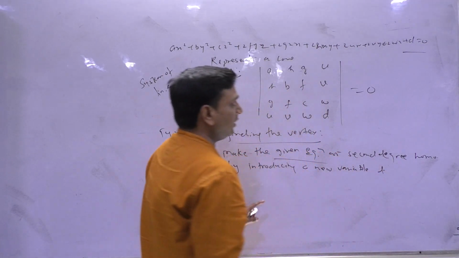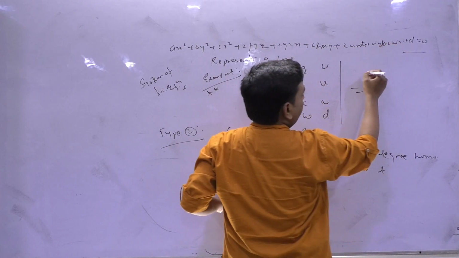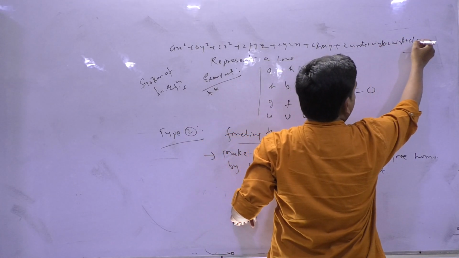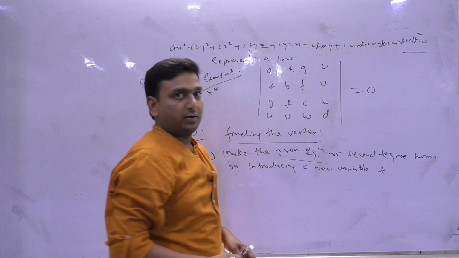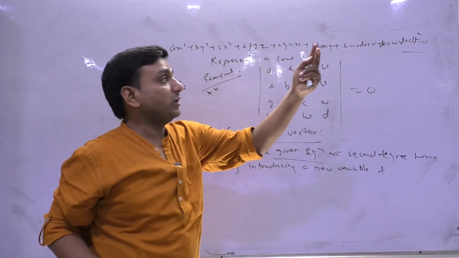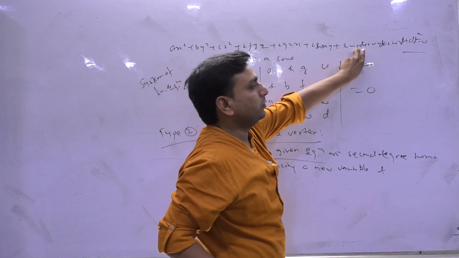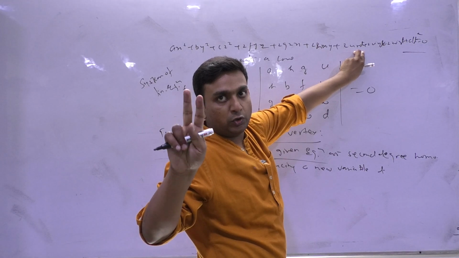What they actually do is multiply x by t, y by t, z by t, and d by t squared. So this equation is now of degree 2 and homogeneous, because the degree of each term is: x has 1, t has 1, total 2.